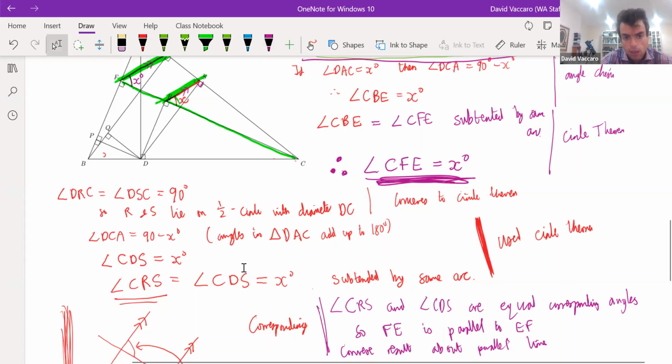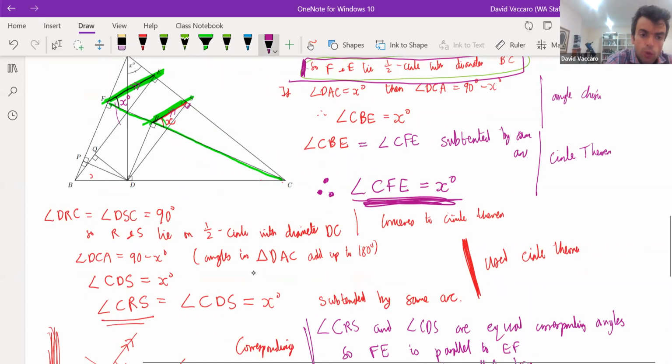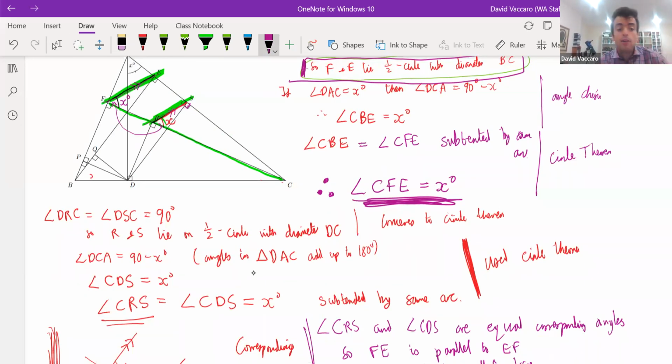If people are happy with this purple section, so how I've gone from the equality of these two angles to these two lines being parallel, put a thumbs up into the chat.